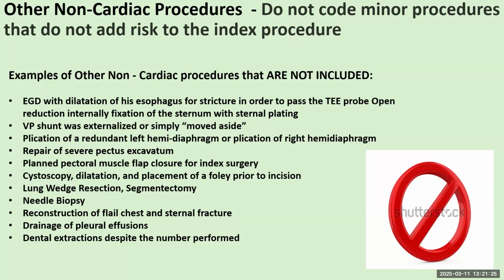You gotta close the sternum anyway. So either you plate it or reconstruct it or whatever. It doesn't add risk to that CABG or that valve that you've already done. Drainage of pleural effusions and dental extractions, despite the number that you perform. They don't add risk to your index procedure. So think about what you're coding, because remember, the goal is to keep as many isolated procedures as possible.